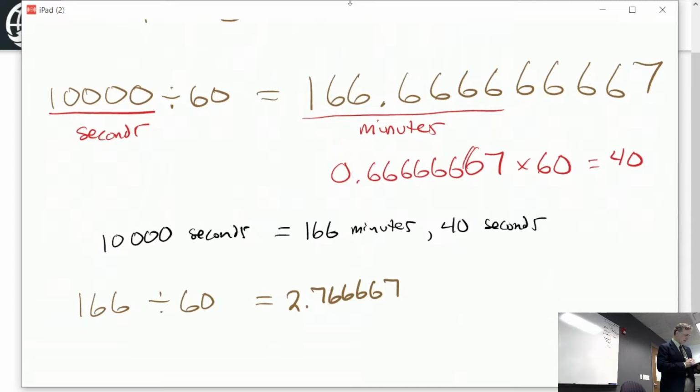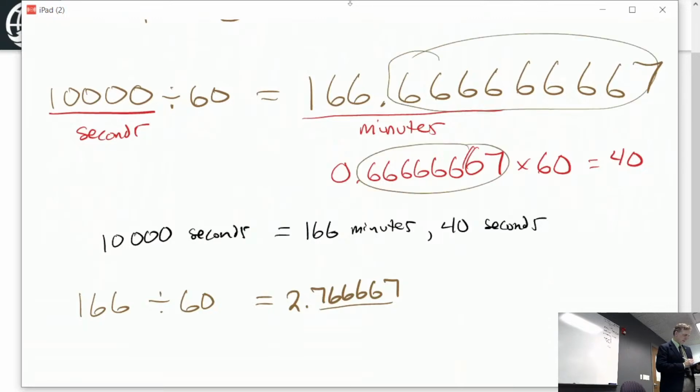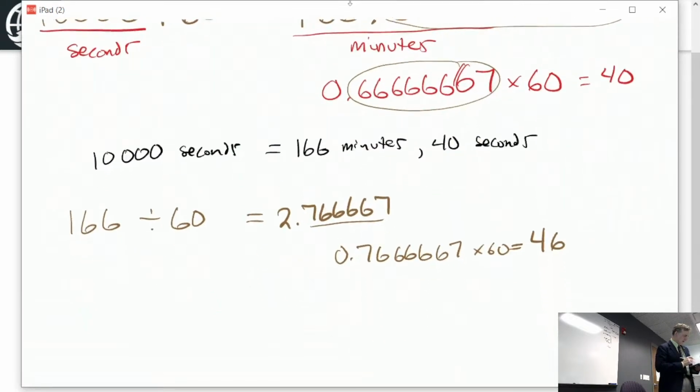And then I'm going to take the decimal part. So notice that each time I take the decimal part and I multiply that by 60. I got 46. Okay, so let's see what this means.